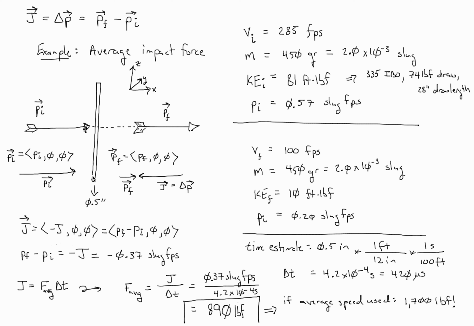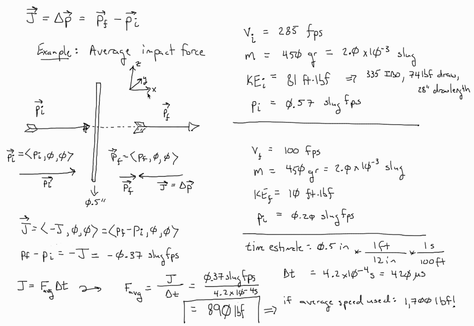Maybe something like MDF or plywood, a narrow piece of plywood, and it hits with an initial momentum and punches through and continues through the other side. What we would like to do is use this equation to measure the impulse and then use the impulse to calculate the average force felt on impacting this piece of particle board.